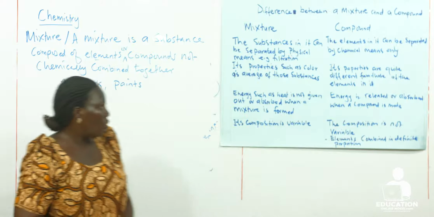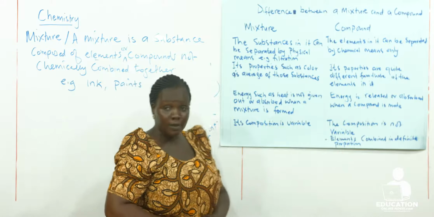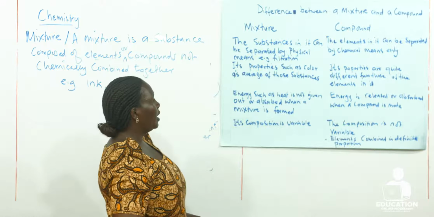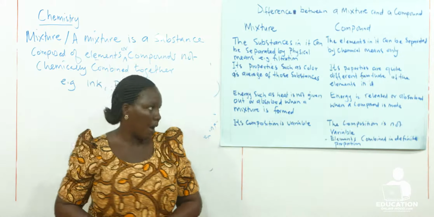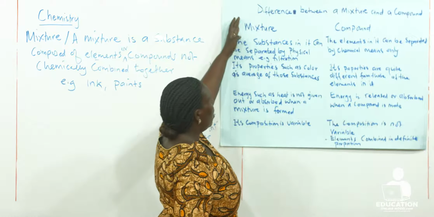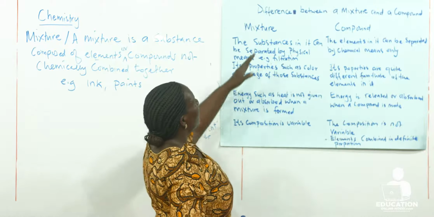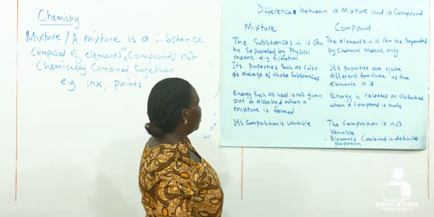So we have a table here that is illustrating the differences between mixtures and compounds. We have the first column, a mixture, and in the second column we have compound.